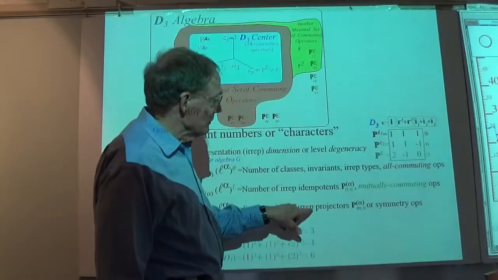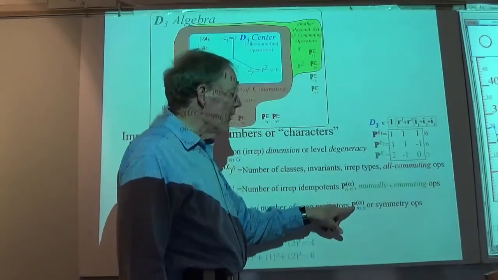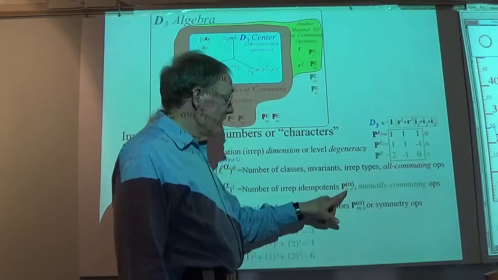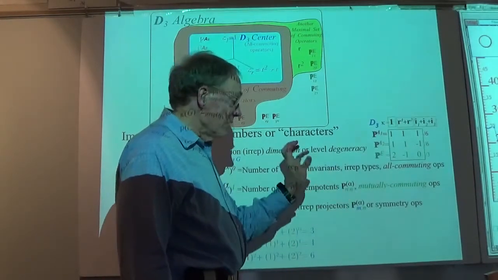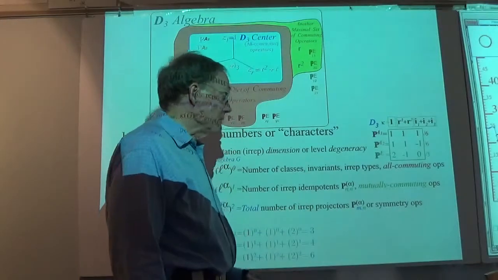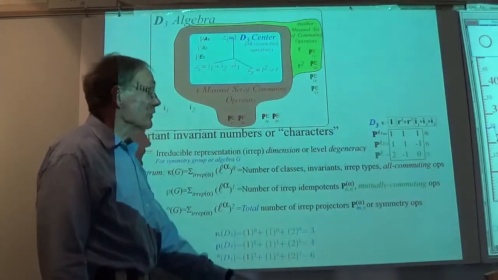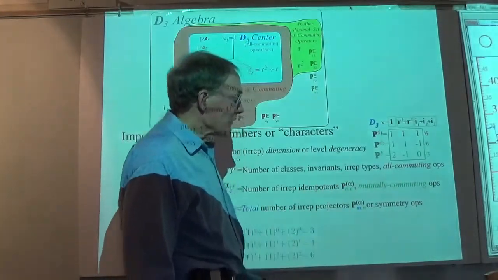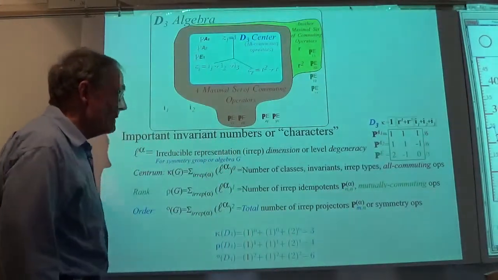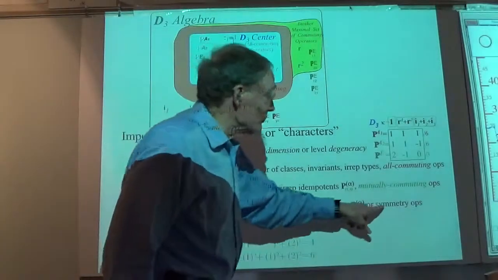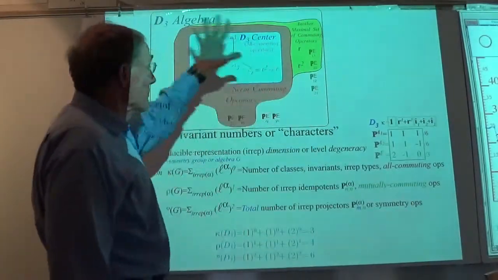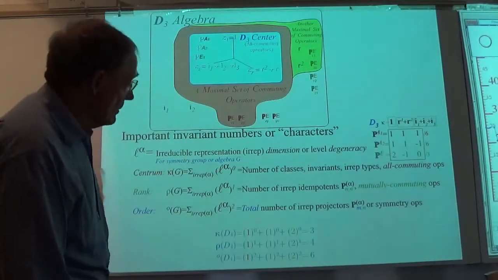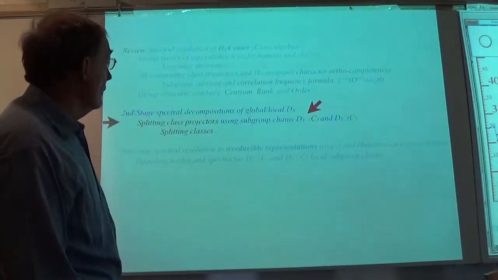Total number of irreducible projectors, and I mean all of them, the non-diagonal ones, which are nilpotents, and the diagonal ones, which are the idempotents that make up the maximally commuting set of observables. And then these are operators that make transitions. They're nilpotent. And it's the total number of symmetry operators that makes the whole dimension of the algebra, is this last number. Okay. Well, let's go for it.